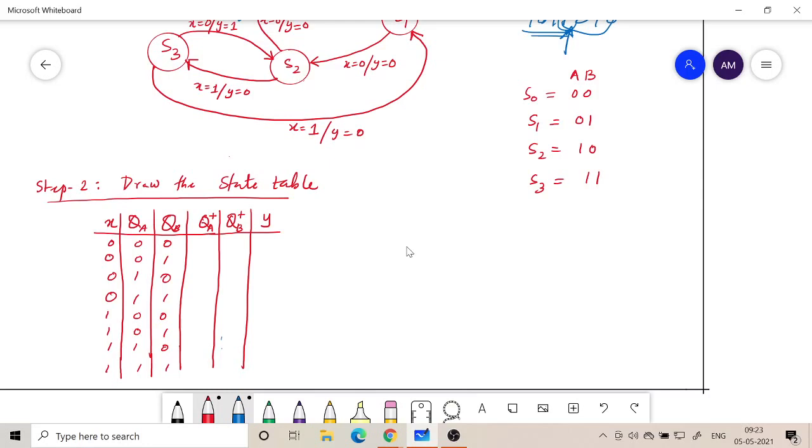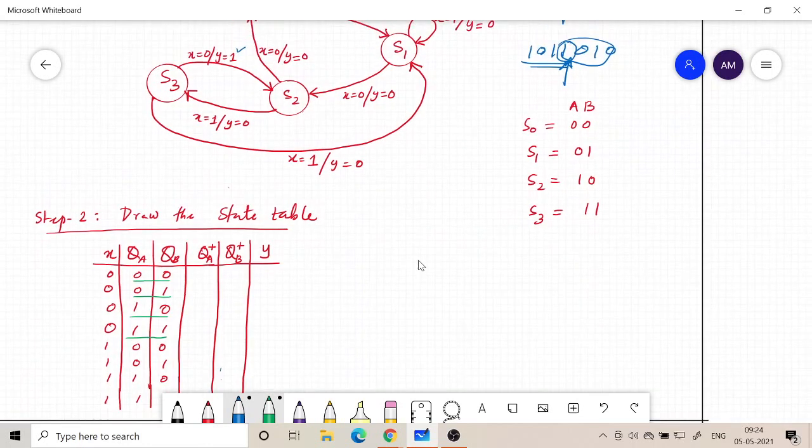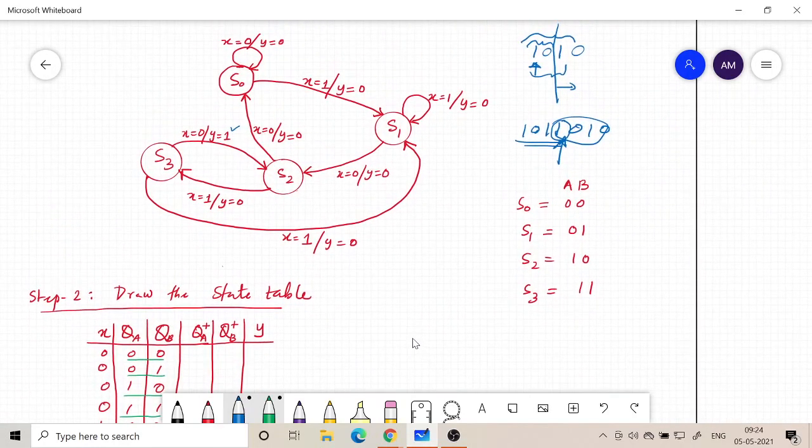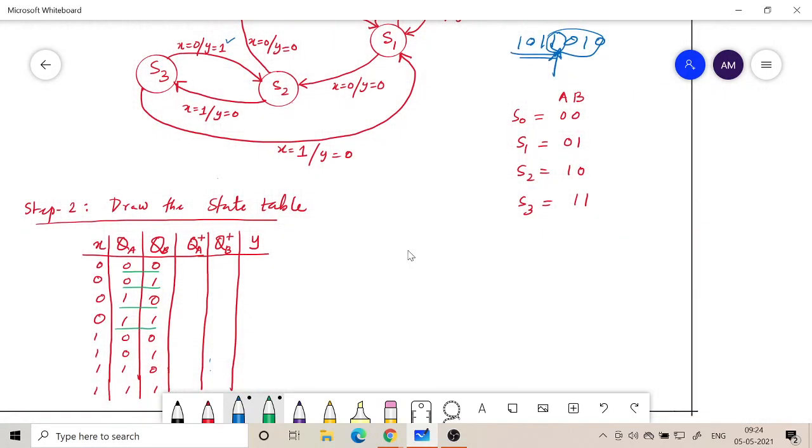When I am at 0 0, that means S0. So here it is S0, then S1, S2, S3. When I am at S0, if 0 is coming, what is happening?